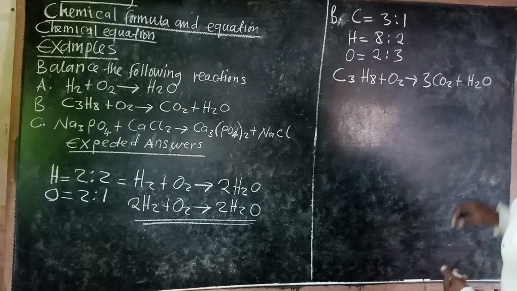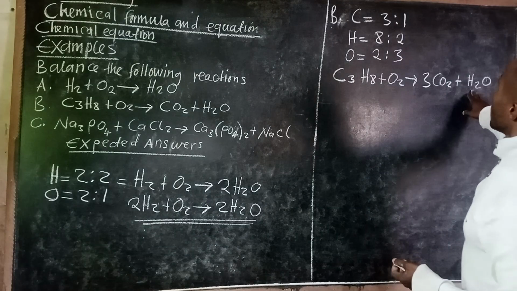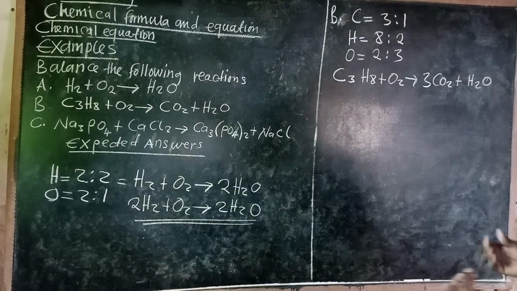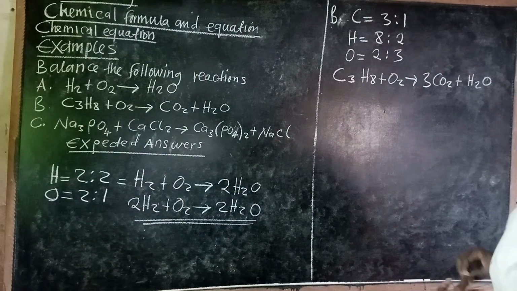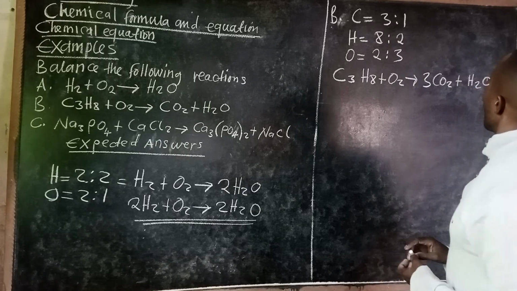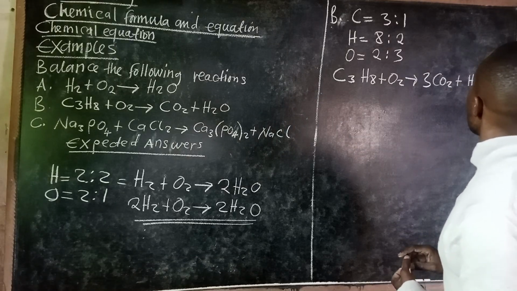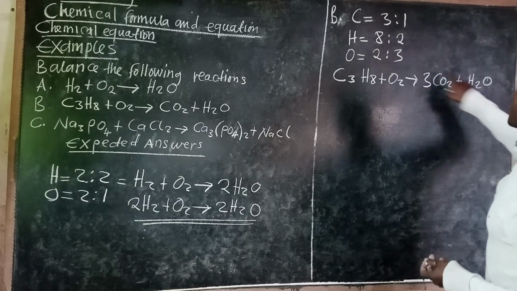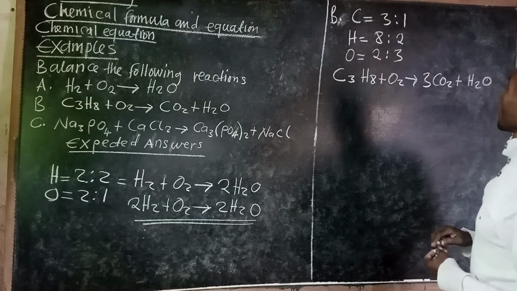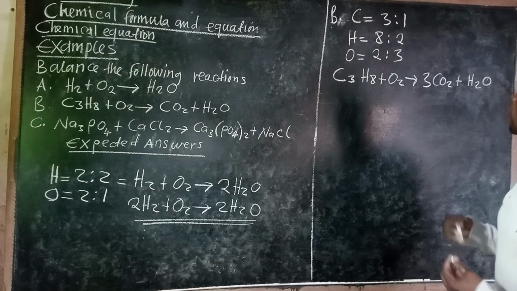Then when we come to hydrogen, on this side we have 8, then this side we have 2. So for it to balance, we have to add a 4, because 2 times 4 will give us 8.